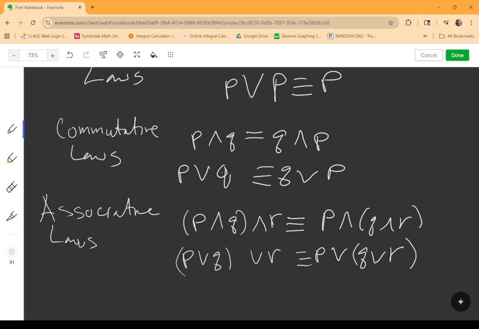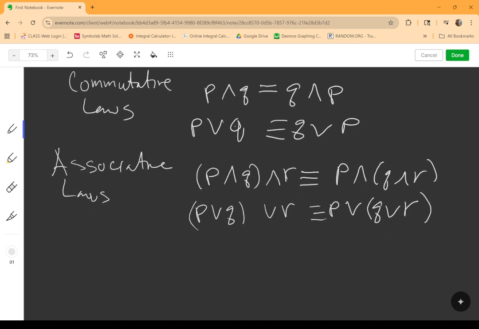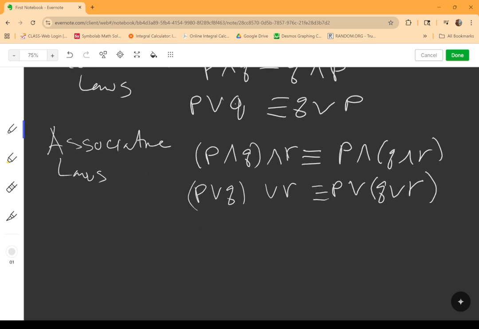Those are just our basic ones. We also have more interesting, more powerful ones, because they allow us to look at these operators mixing and and or, and how we work with those.